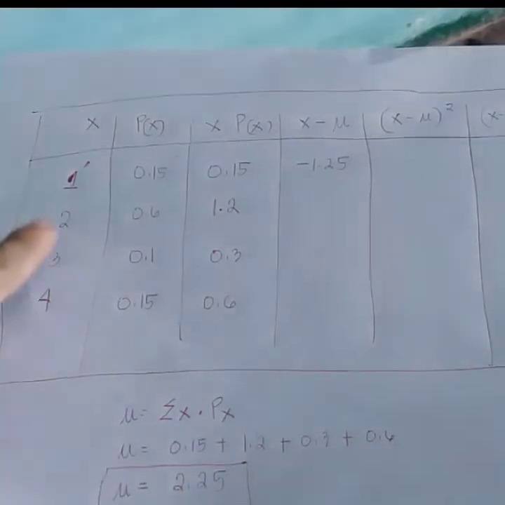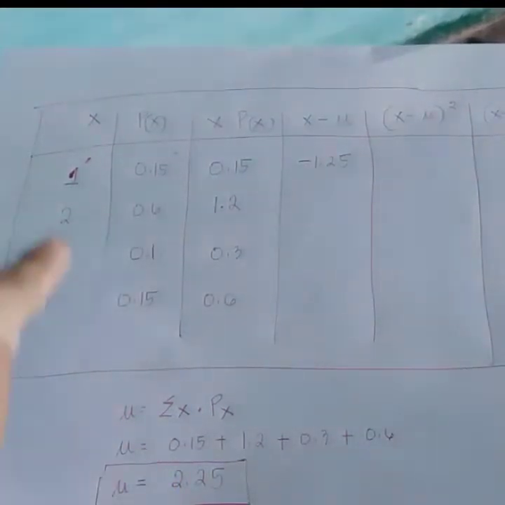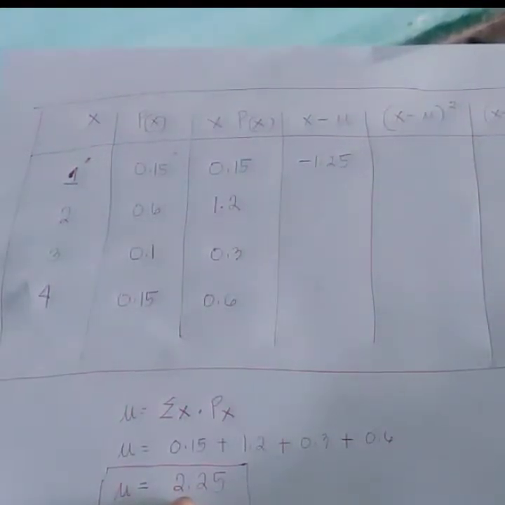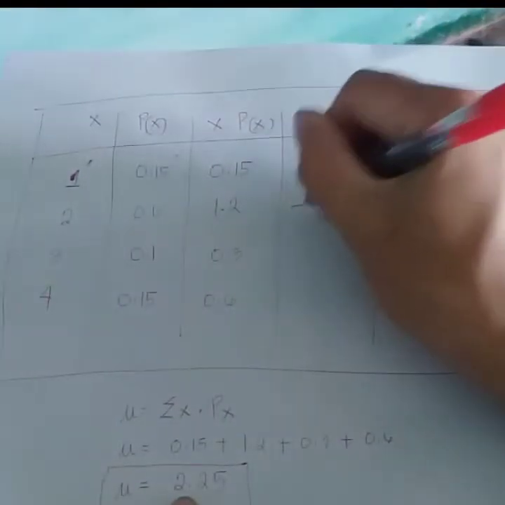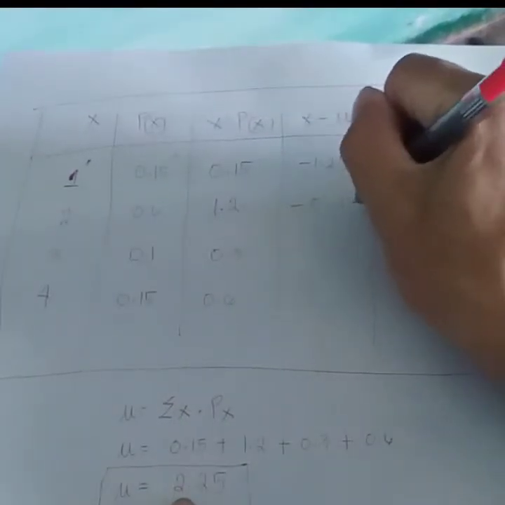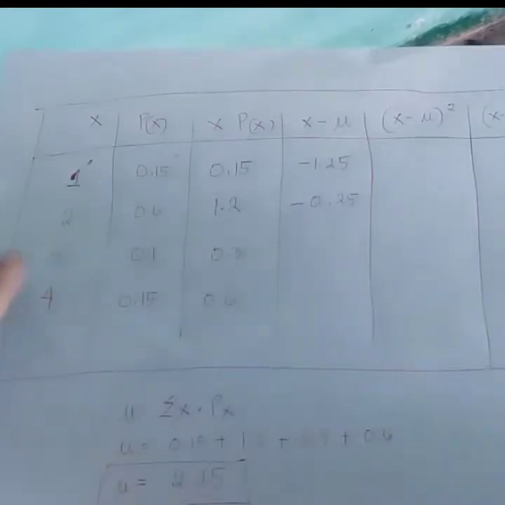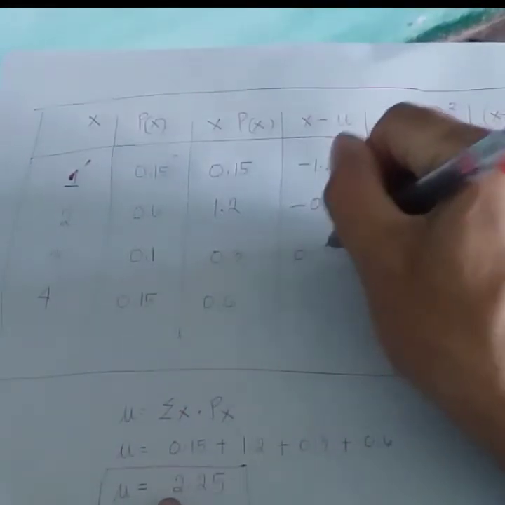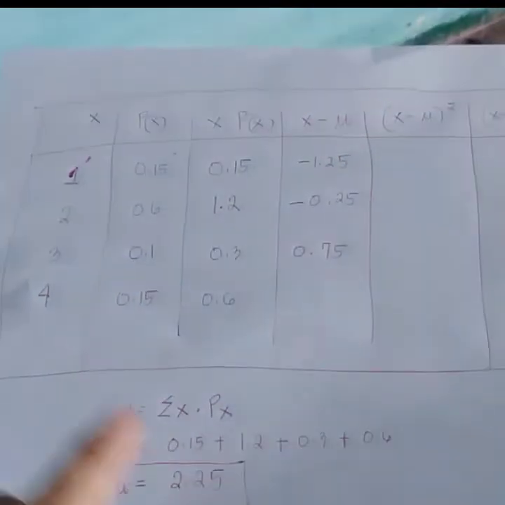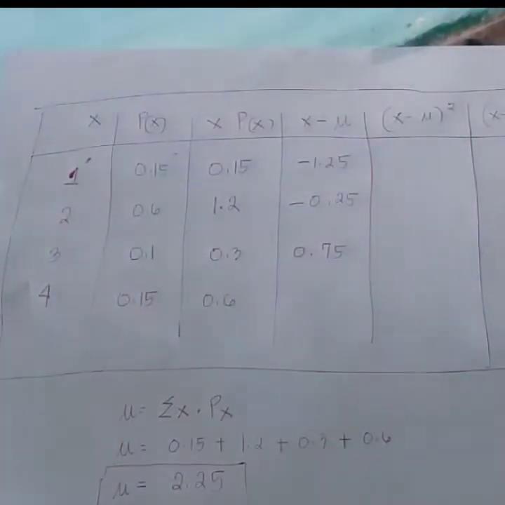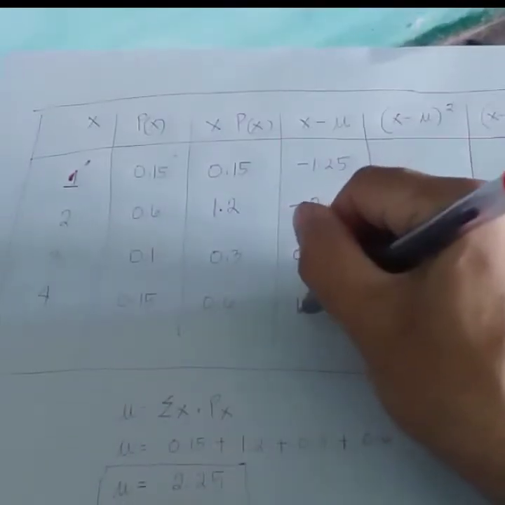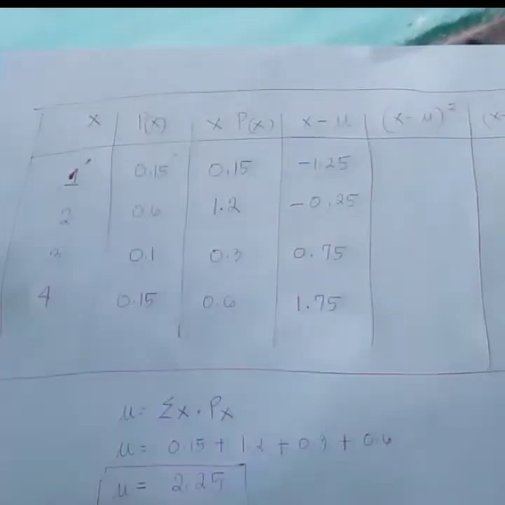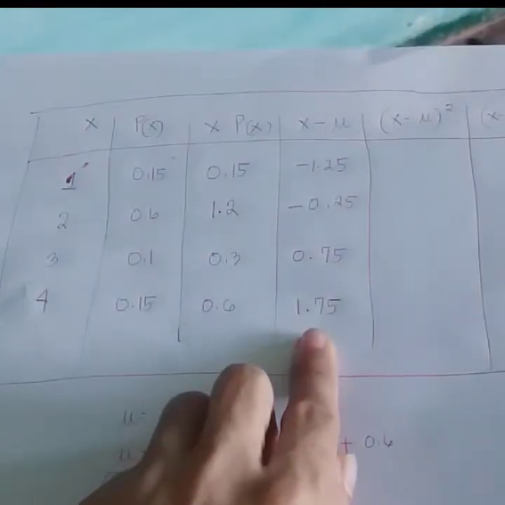Next, 2 minus 2.25. We have the answer of negative 0.25. Next, 3 minus 2.25. We have 0.75. Next, 4 minus 2.25, we have 1.75. So this is the result for the fourth column.